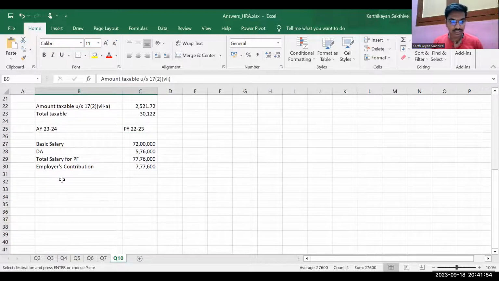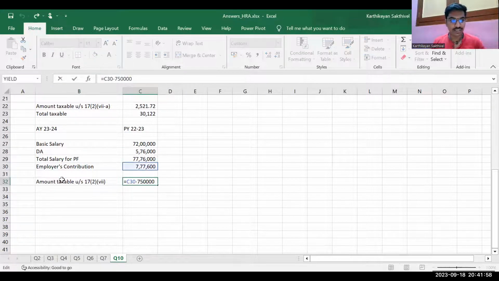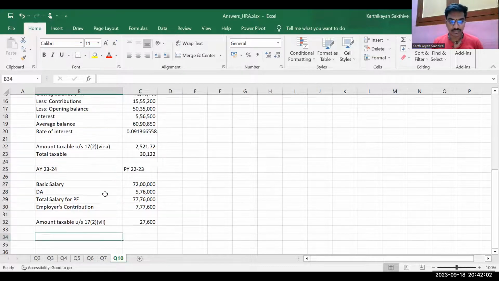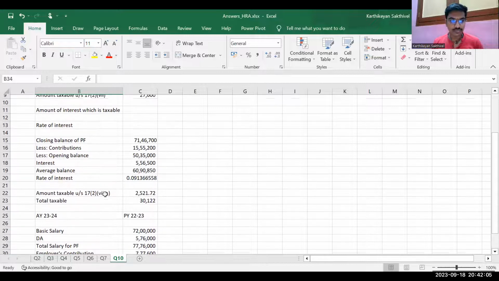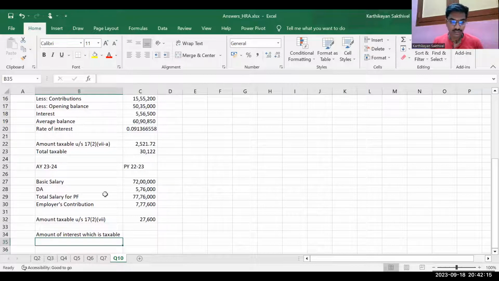Amount taxable under 17(2)(vii) also remains the same. Since the contribution is the same, there are no changes there. But for the amount of interest which is taxable, first we should find out the rate of interest.